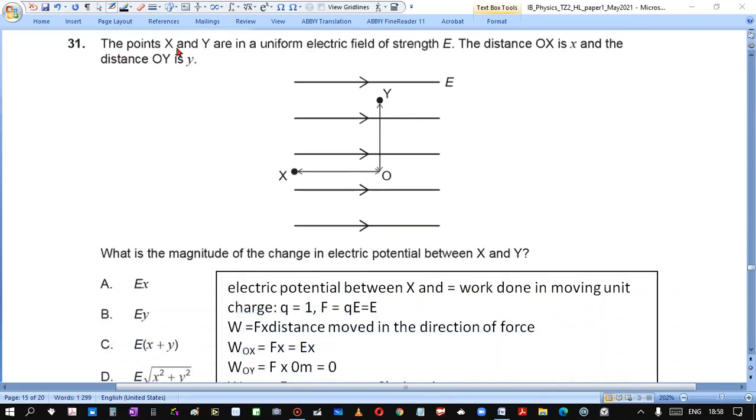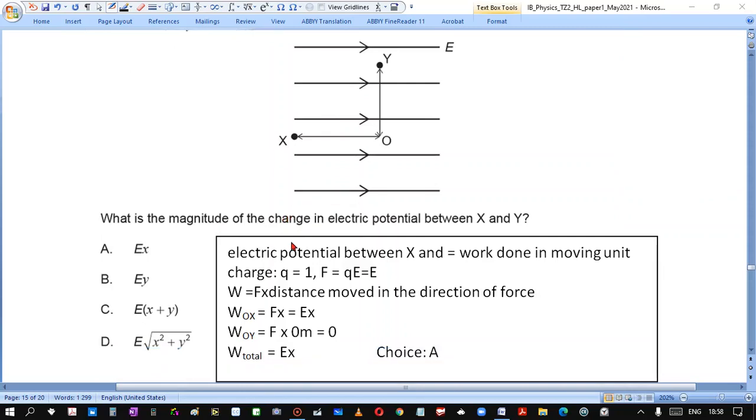Question 31. The points x and y are in a uniform electric field of strength E. The distance of x is x and the distance of y is y. What is the magnitude of the change in electric potential between x and y? The change of potential equals the work done in moving a unit charge from x to y. So we can move from x to 0 and then from 0 to y.